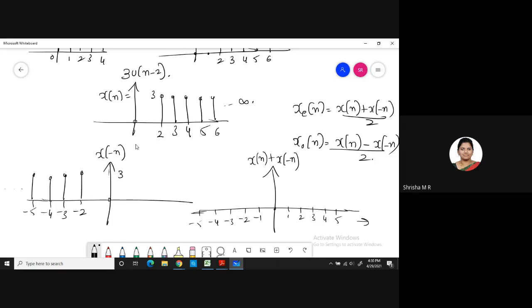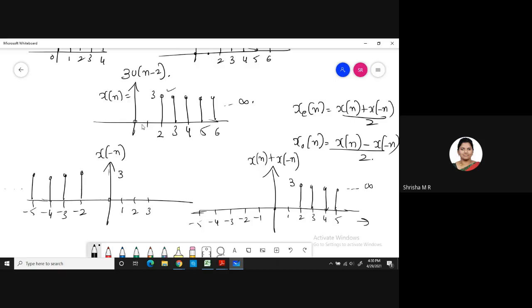At n is equal to 1, also 0 plus 0, it is 0 only. At n is equal to 2, you have a signal with amplitude 3 here and no signal there, so the sum is a signal at 2 with an amplitude 3. At 3 also you have 3 here and 0 there, so the amplitude is 3. It goes on up to infinity with an amplitude 3.